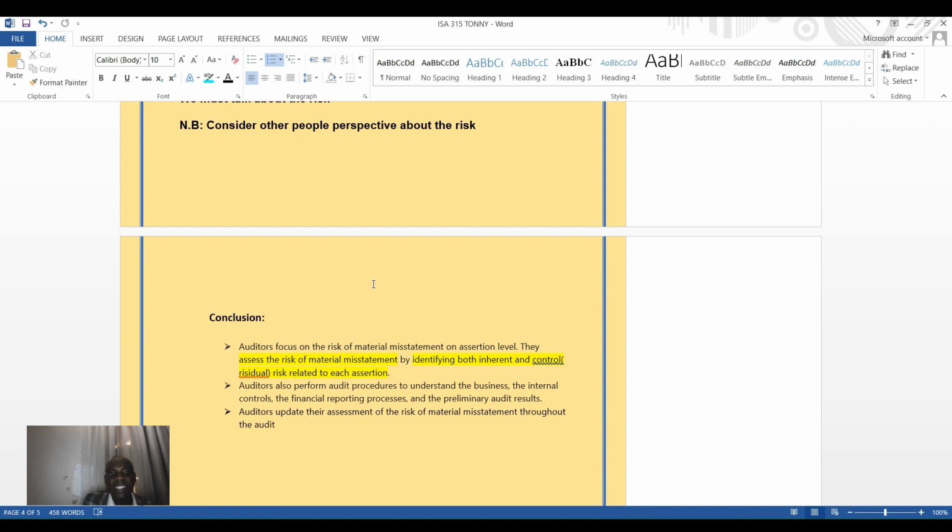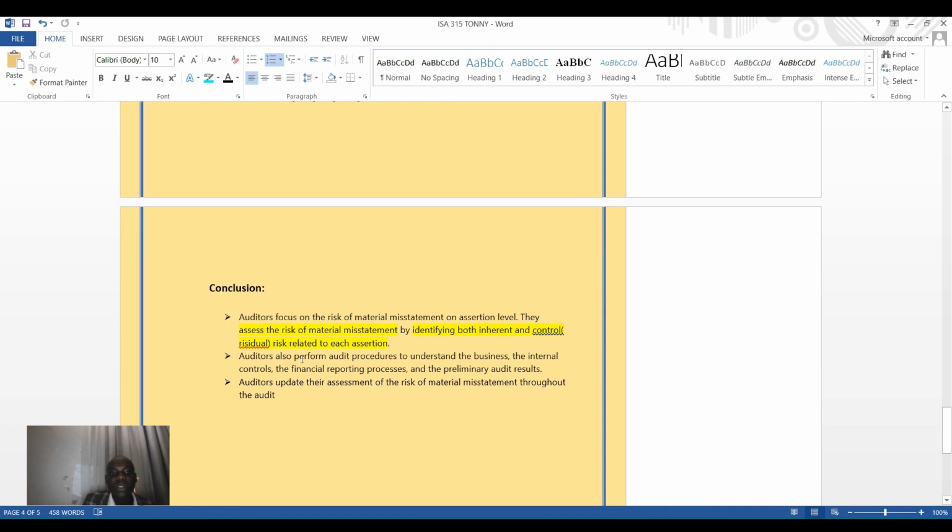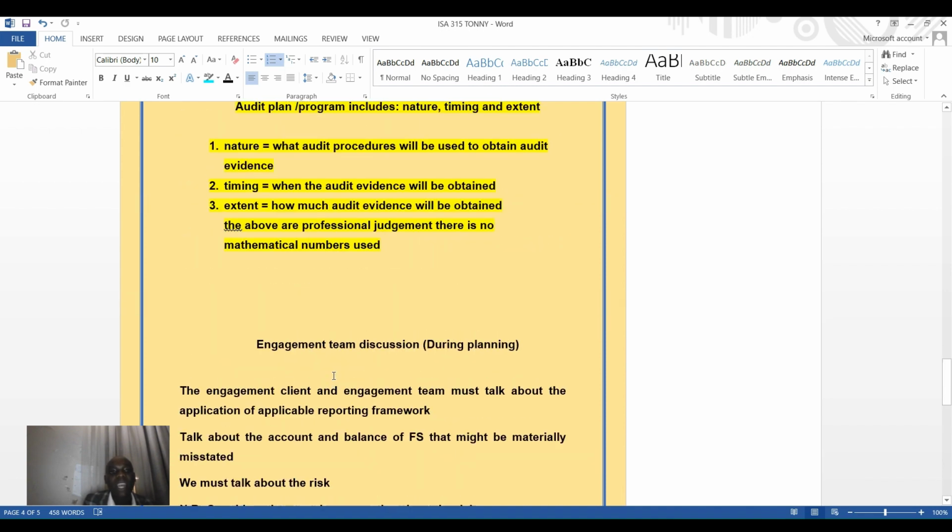They assess the risk of material misstatement by identifying both inherent and control risk related to each assertion. Auditors also perform audit procedures to understand the business, the internal controls, the financial reporting process, and the preliminary audit results. Auditors update their assessment of the risk of material misstatement throughout the audit. Here, guys, it's just the conclusion, the summary of what I've discussed.